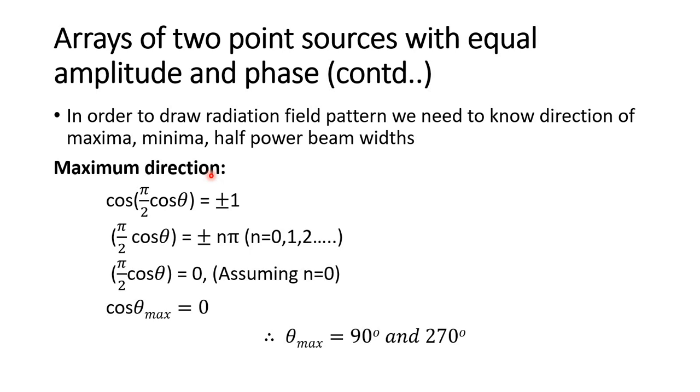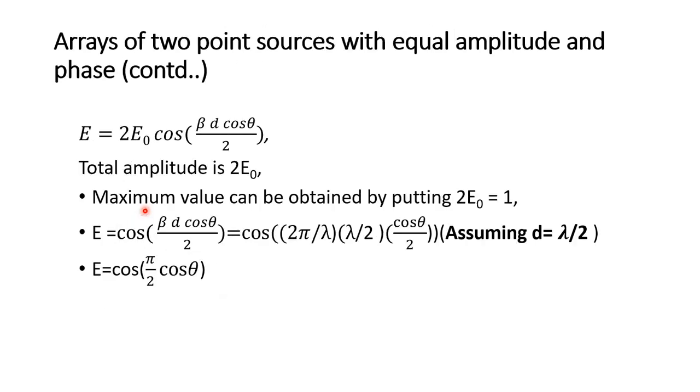For that, we know that if the electric field has to be maximum, we have already found the equation of electric field as E is equal to cos of pi by 2 cos theta. If this has to be maximum, it means that this cos of pi by 2 cos theta has to be maximum.